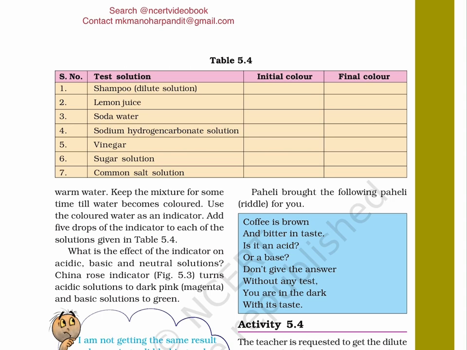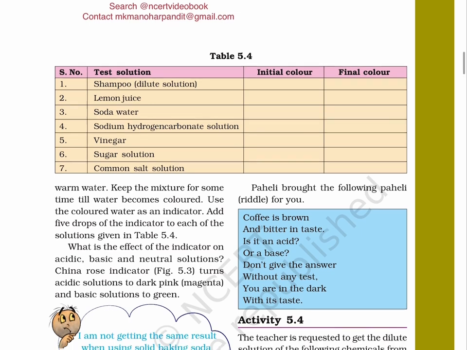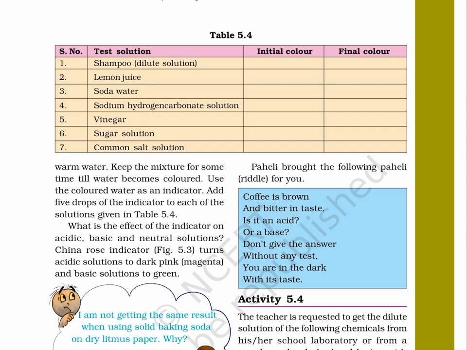What is the effect of the indicator on acidic, basic and neutral solutions? China rose indicator, which can be observed in figure 5.3, turns acidic solutions to dark pink or magenta and basic solutions to green. There's a thought bubble given here.